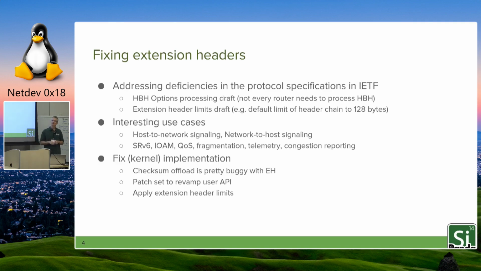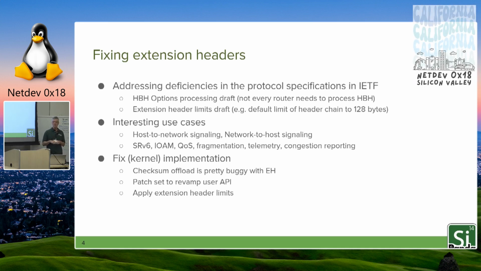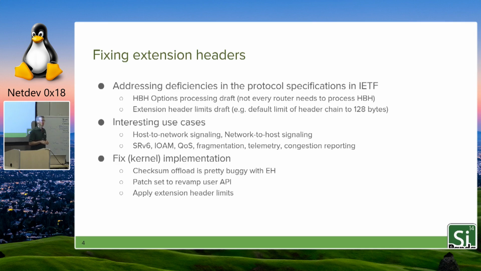The other one is going back to this concept of the parsing buffer. This is a little more, I guess, invasive or potentially controversial. So we did the math, and our recommendation is that parsing buffer includes, say, the Ethernet header, IPv6 header, extension headers, and probably the first 8 bytes of transport header.